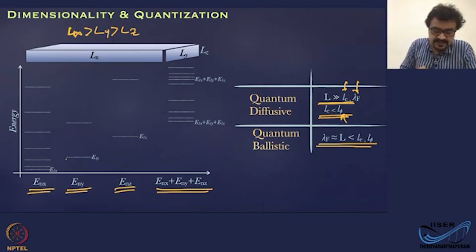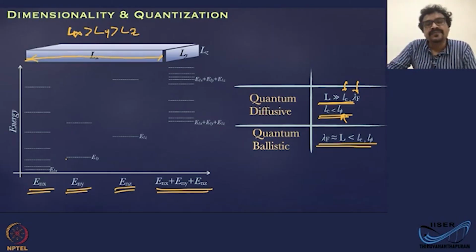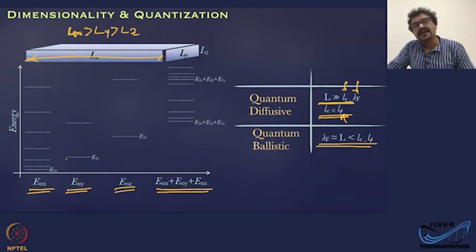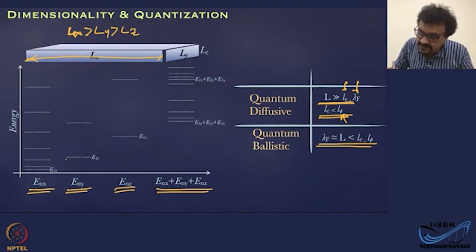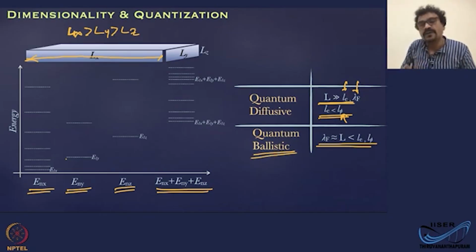For example, in this case, the energy scales in Lx are so close by, so your scattering length needs to be as large as Lx or even larger to observe ballistic quantum transport. Okay. So you can still observe diffusive quantum transport.